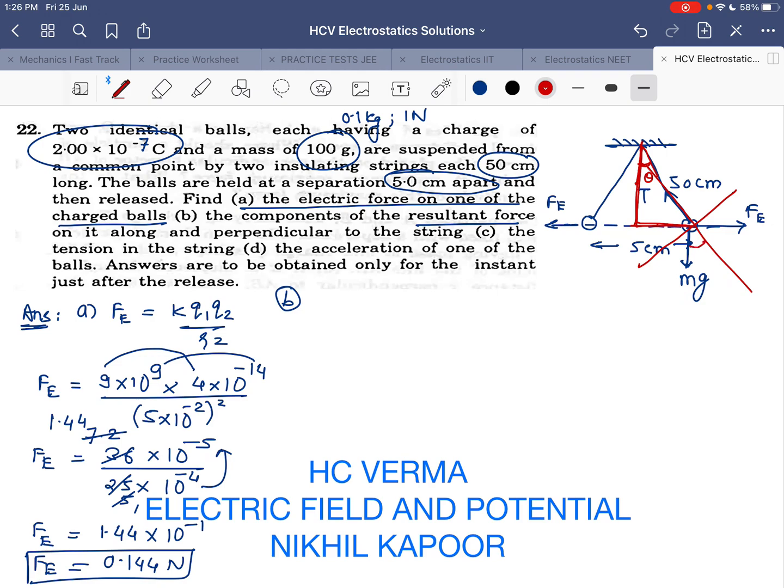So if this is theta, this angle will be theta, this will be 90 minus theta, and this will be again theta. So in that case, mg can be resolved into two parts. One, along the string mg cos theta, perpendicular to the string mg sin theta. Force Fe can be resolved into two parts, perpendicular to the string f cos theta and along the string f sin theta.